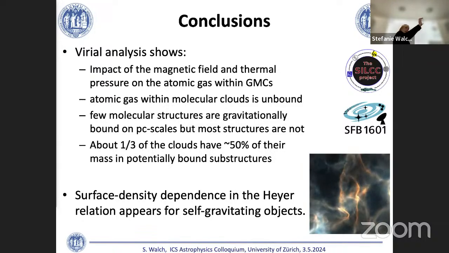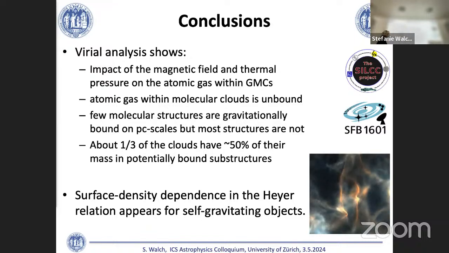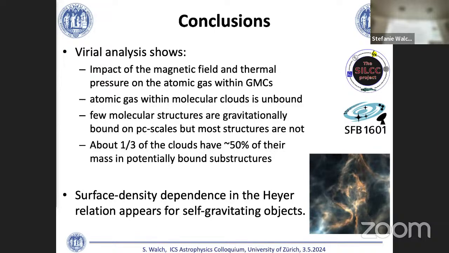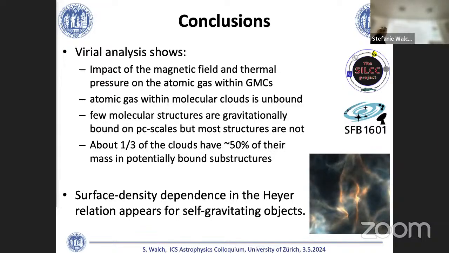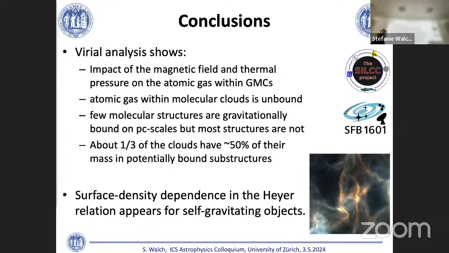And if we split it up into substructures, then in particular, the atomic gas is supported by magnetic and thermal pressure. And the atomic gas within molecular clouds is certainly unbound. And so is actually also the average molecular structure. Only when you go to the dense molecular structures, then these are gravitationally bound.